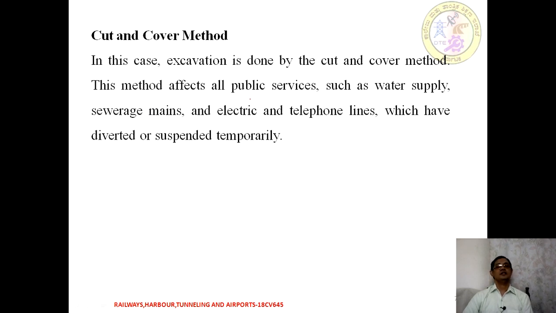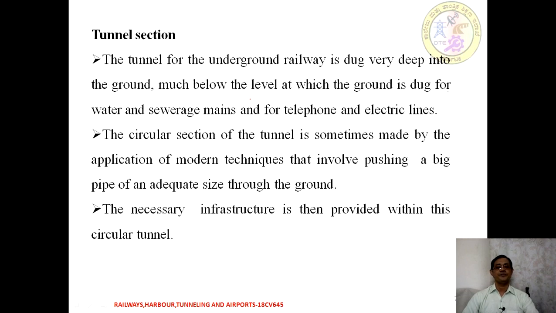As I explained already, this is a cut and cover method. In this case, excavation is done by cut and cover. This method is going to affect public services such as amenity lines of water supply, sewer line, electric line or telephone line. So they need to be diverted or sometimes suspended temporarily.